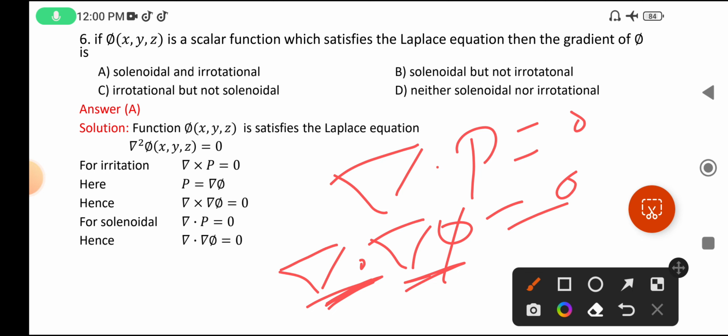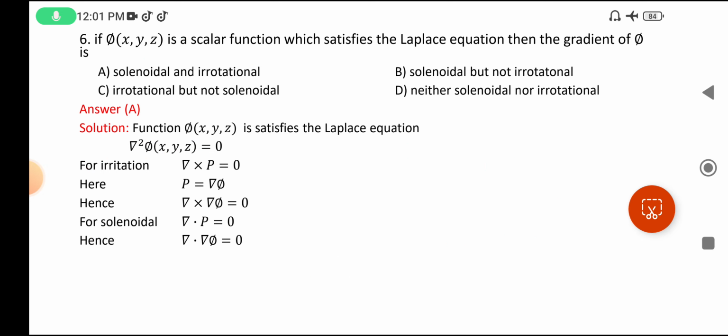Curl of gradient is 0, divergence of gradient is also 0. So that is why these equations are satisfied. So that function is solenoidal and irrotational.